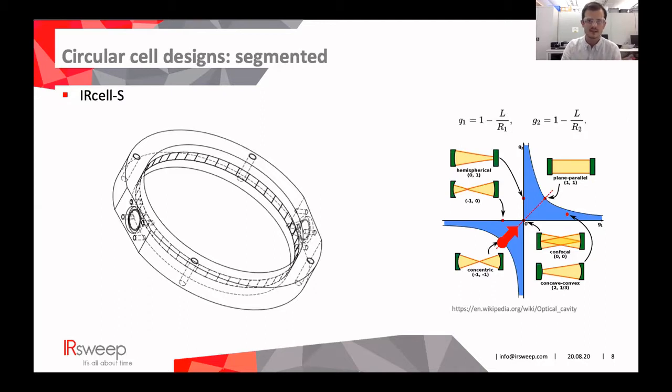You see in this drawing on the left that we define a star pattern with a maximum density and have an individually shaped mirror at each of those positions. By doing that, we can go away from the marginally stable resonator and create a fully stable resonator, which relaxes the requirement on the beam and the alignment quite a bit.